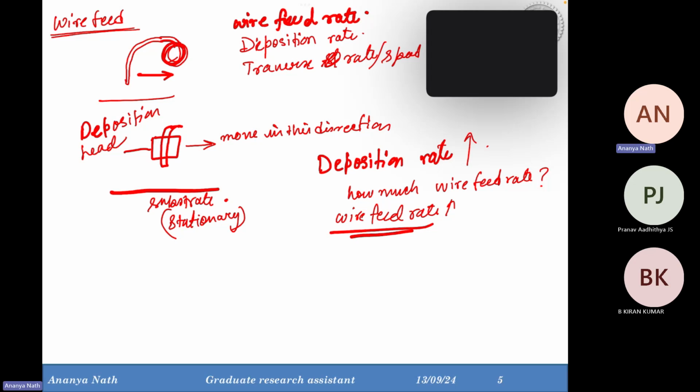It should not be the case that the deposition head is moving in a particular direction so rapidly that the wire cannot match the speed, although the wire feed rate is at the highest value. Then you are not getting an optimal bead. The bead which is getting deposited over the build plate should be a structure something like this, what I have drawn.